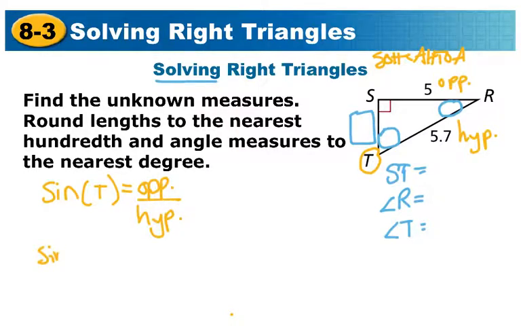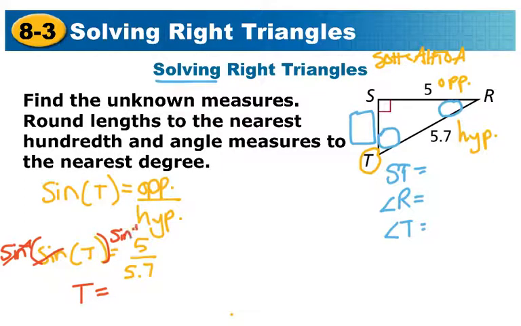But that means that sine of the angle T is actually equal to 5 over 5.7. And so to solve, I can take the sine inverse of the left side, leaving me with T. And I can take the sine inverse of the right side to even that out. And so second sine is going to be 5 over 5.7. So 61.31 degrees.